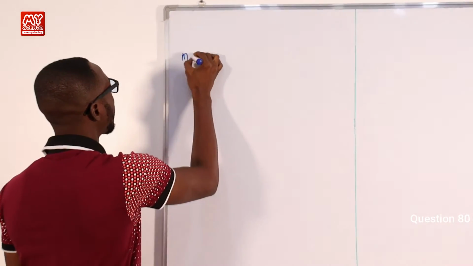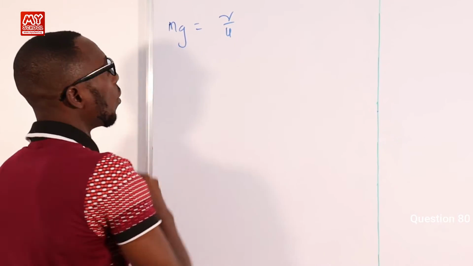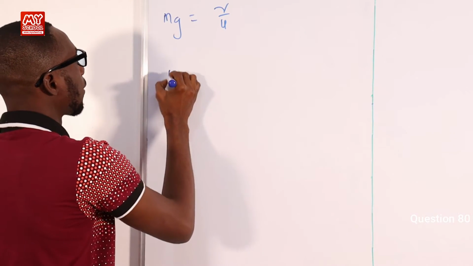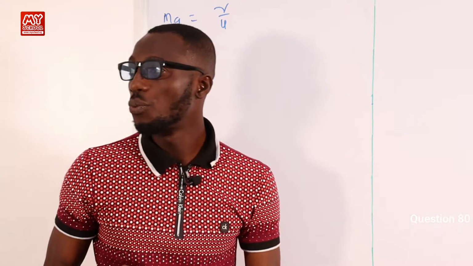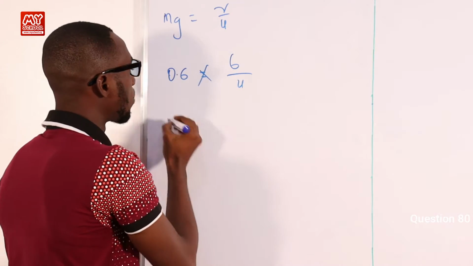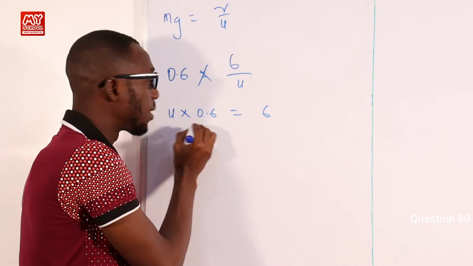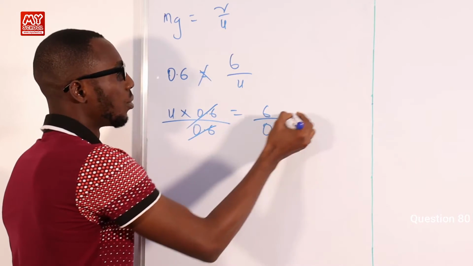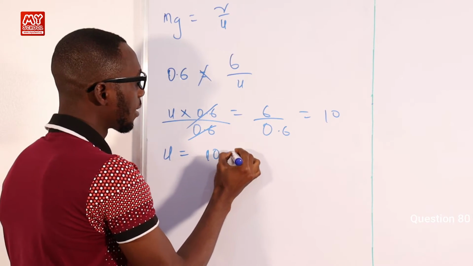So we have magnification equals V over U. We are asked to look for the U. So magnification is already 0.6, and we have V, the image, which is 6 centimeters. Cross multiply, so we have U times 0.6 equals 6. Dividing both sides by 0.6, we would have 10. So object distance is 10 centimeters.